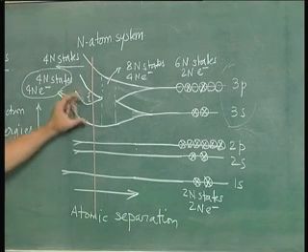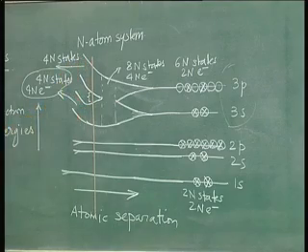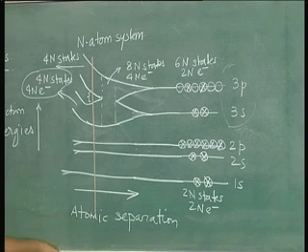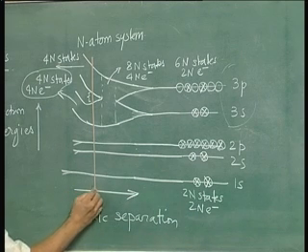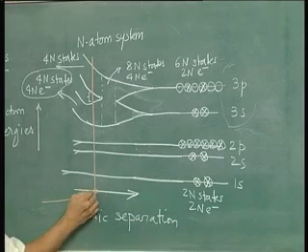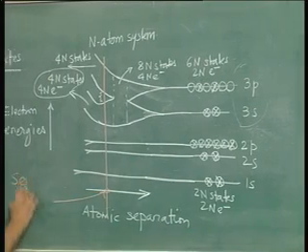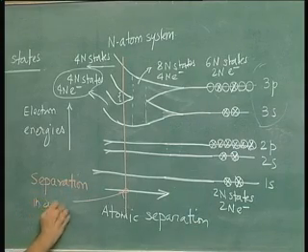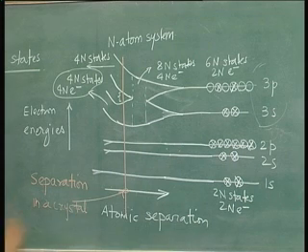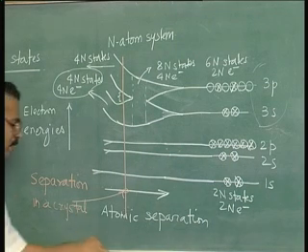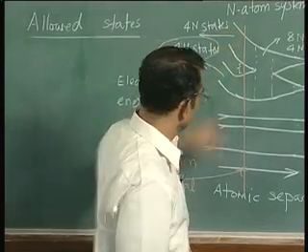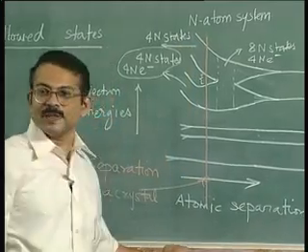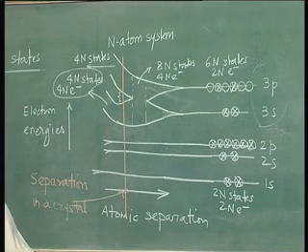Now what is of interest to us in the analysis of semiconductors is just the band picture at this atomic separation. So let us write that this is the atomic separation in a crystal. We are interested only in the band picture along this line, so we can draw just that part of the picture.